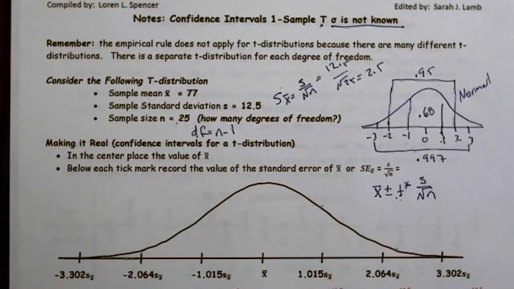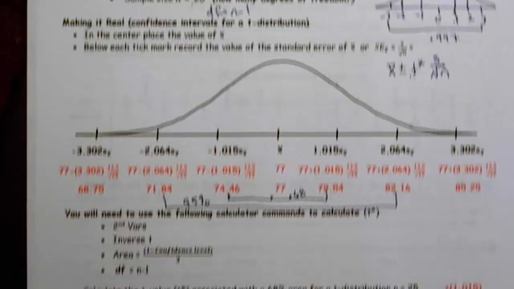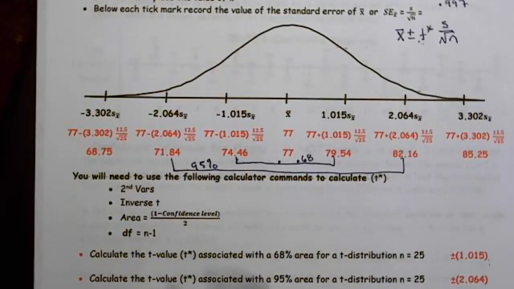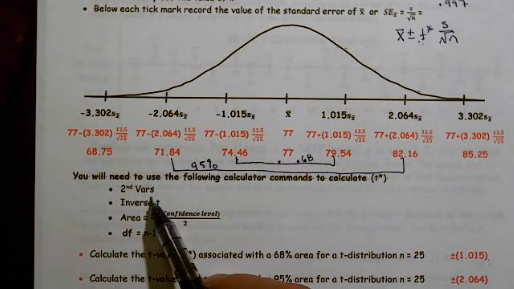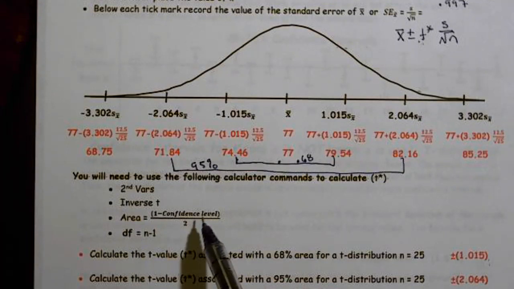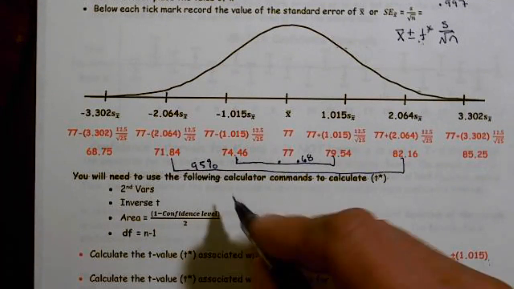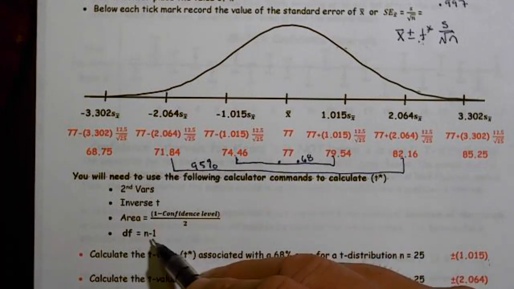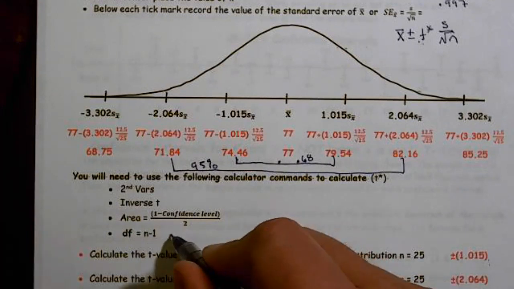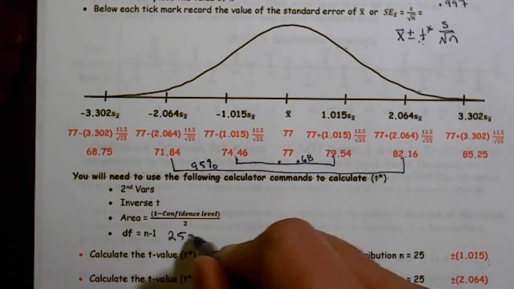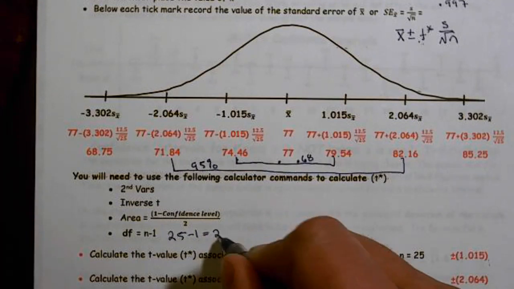So we're going to need to calculate that. We're going to have to drop down our sheet just a little bit. We're going to go to a place on the calculator, second vars, and use inverse t, and 1 minus our confidence level, divided by 2. And our degrees of freedom are going to be n minus 1, which in this case is 25 minus 1, which equals 24.